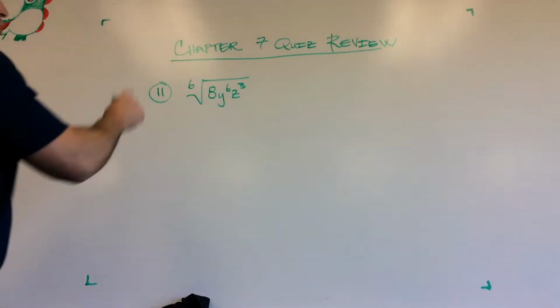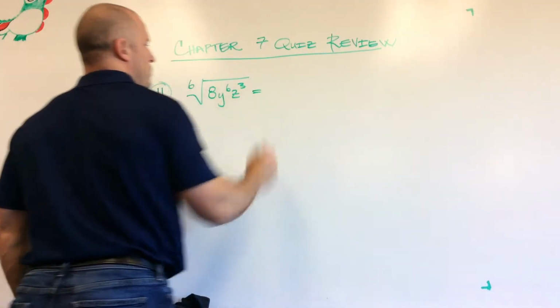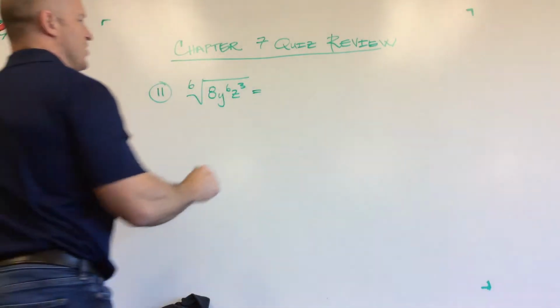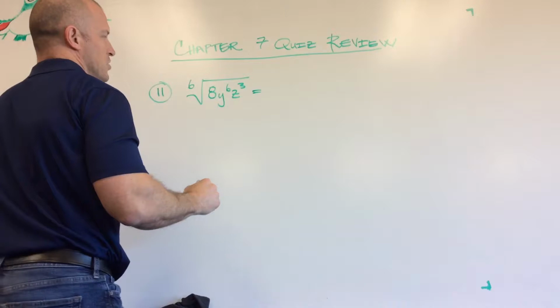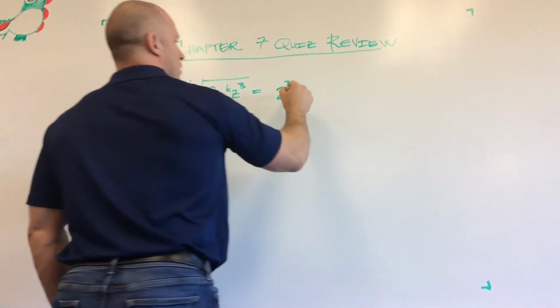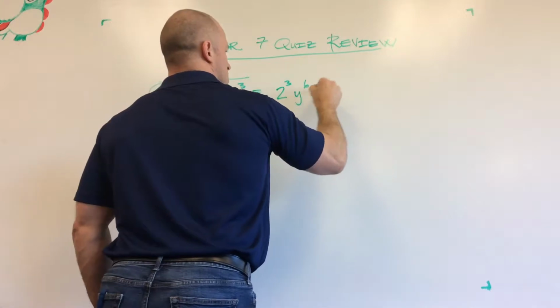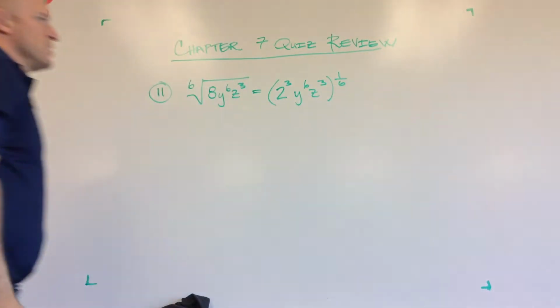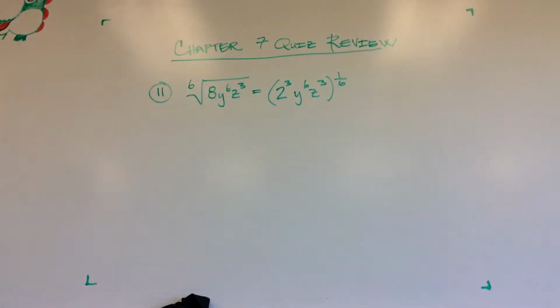We can convert the radical into a fractional power. And at the same time, we can convert the 8 into 2 to the 3rd power. Y to the 6 z cubed remains the same. But all of this is to the 1/6 power because we're taking a 6th root.